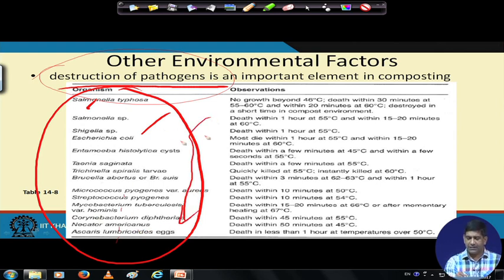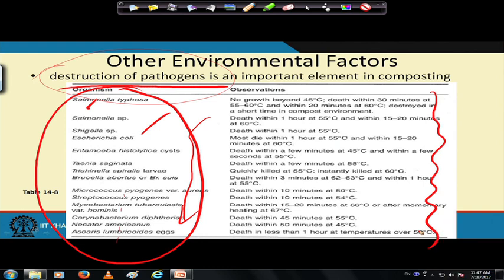If you increase the temperature, especially if you look at this side, from top to bottom, you see that if you have a temperature of around 60 to 65 degrees centigrade, and you keep it for around an hour, most of these bacteria will die. That's because the compost has to meet the compost standard.